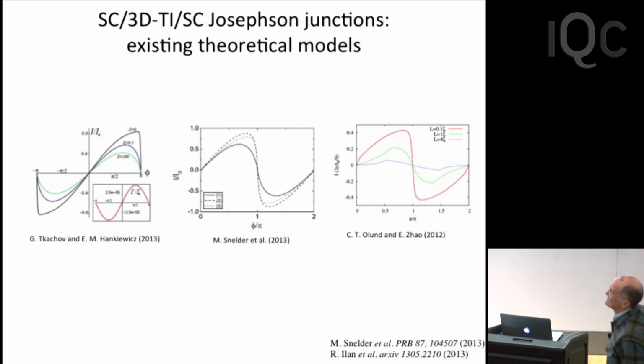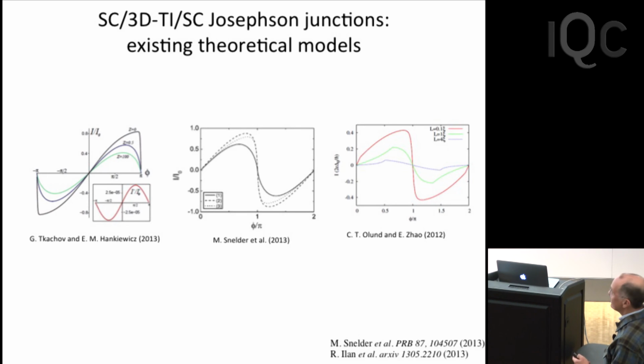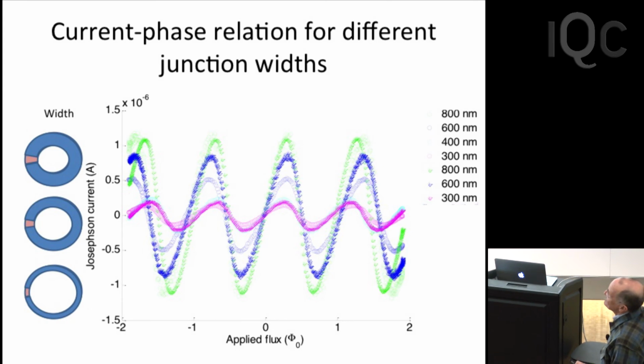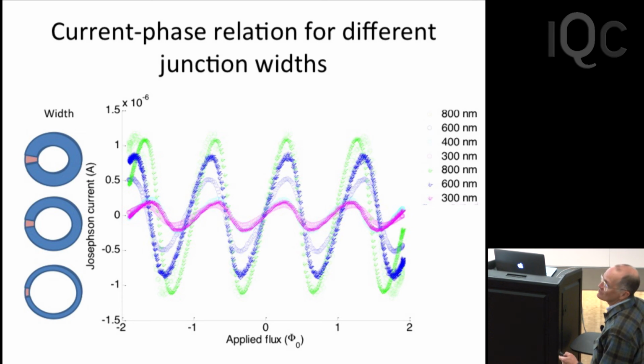In particular, one of the series that Ilya ran is that he looked at a set with different junction widths. So if you look at these rings, they all have the same average diameter, but they have different wall widths, and this corresponds to different junction widths.